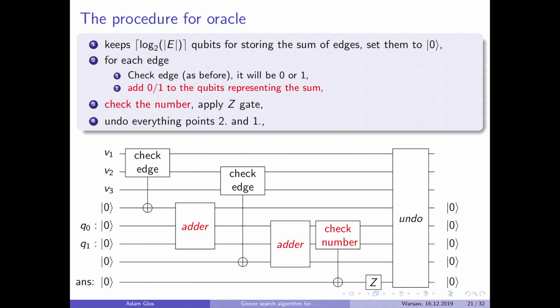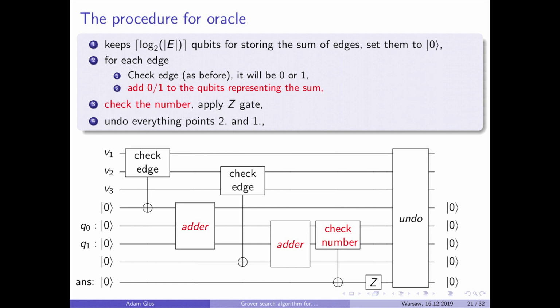We are just making +1 or +0. Suppose that this edge connects vertices with different colors. Then here we will have 1, because we are applying a NOT gate. So to this number, we are just adding 1. If it's 0, we're adding 0.